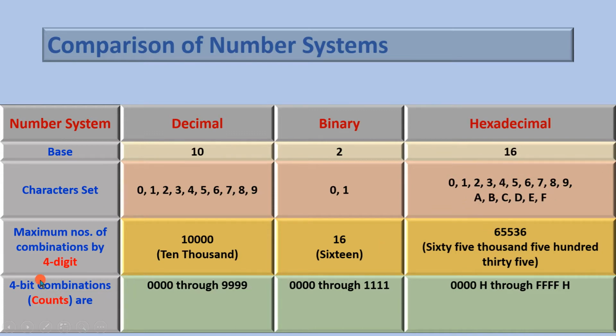Now consider the same thing. If we consider a 4-digit hexadecimal number, you can count from 0000 through FFFF. This combination would be 65,536. That means with four digits of hexadecimal, you can get as many as 65,536 distinct combinations. So this is how the set of characters in the base of a number system affects it.